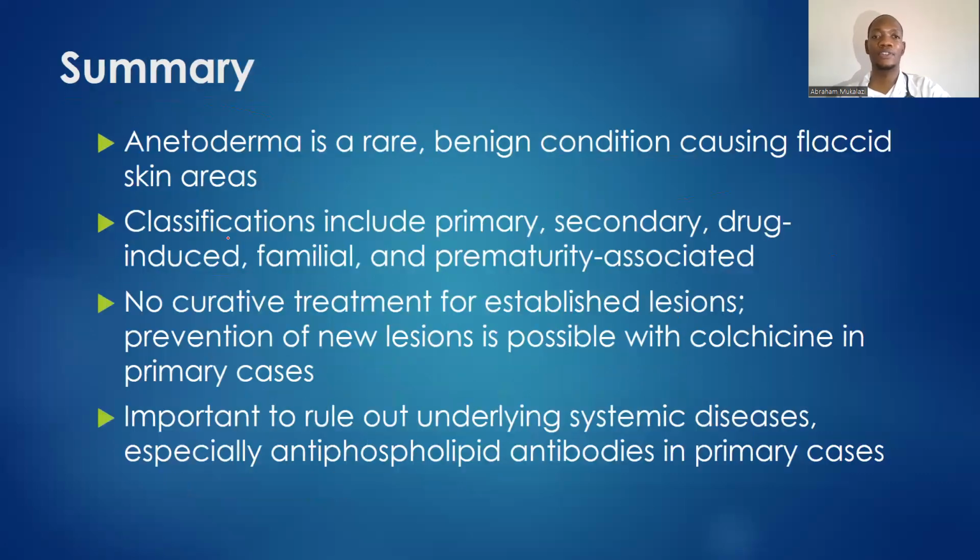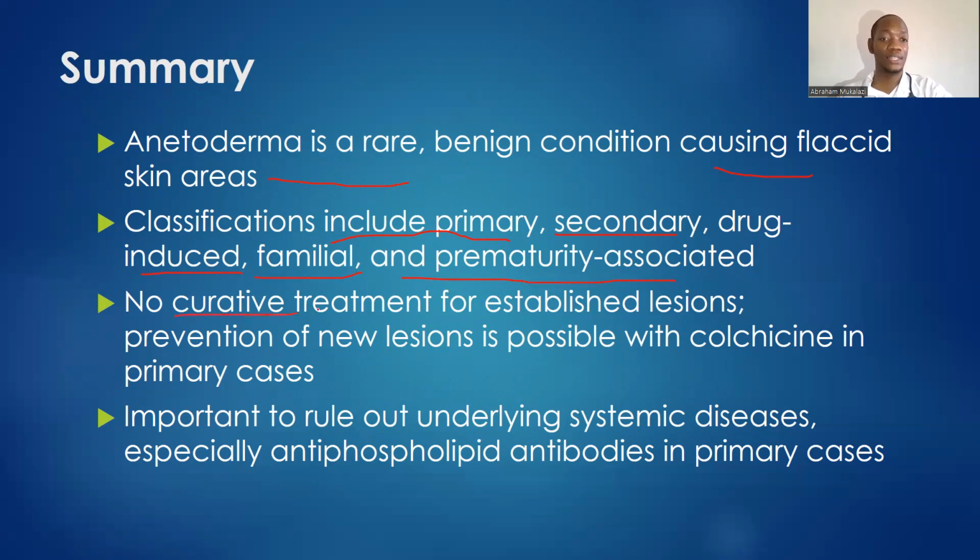So in summary, anetoderma is a rare benign condition that causes flaccid areas on the skin, and it is classified depending on the cause: primary, also called idiopathic, if you don't know the cause; secondary, if it follows identifiable dermatoses; drug-induced, if the patient is on penicillamine; it can also be familial or associated with prematurity.